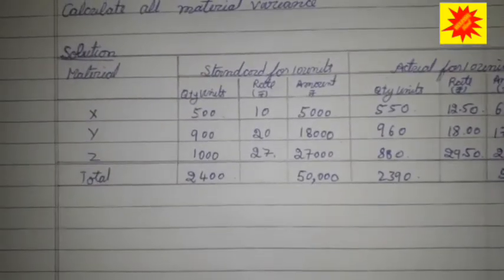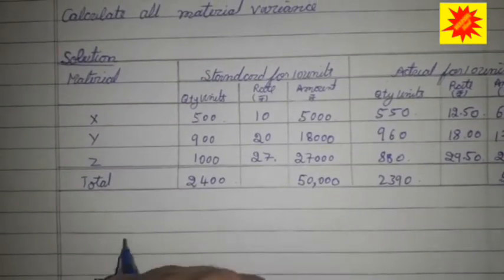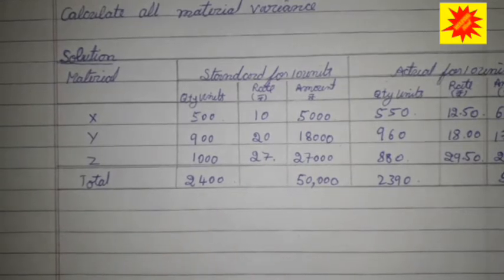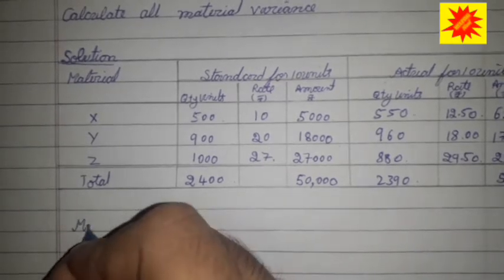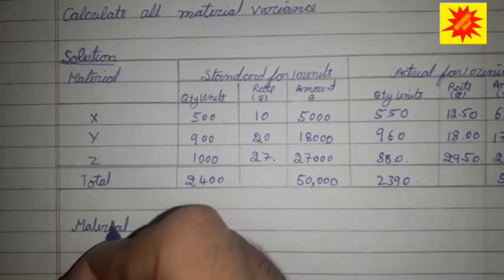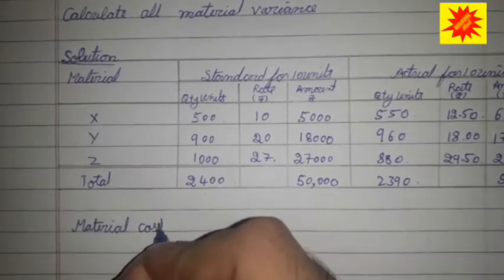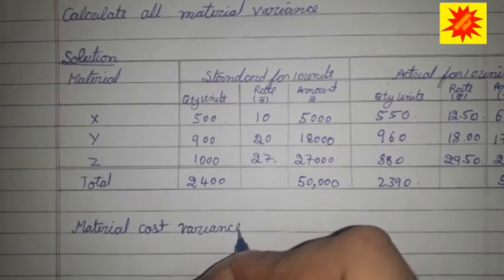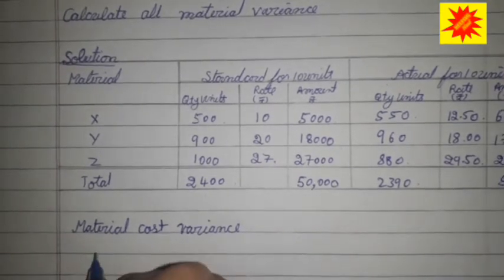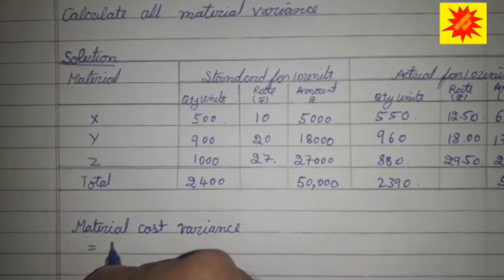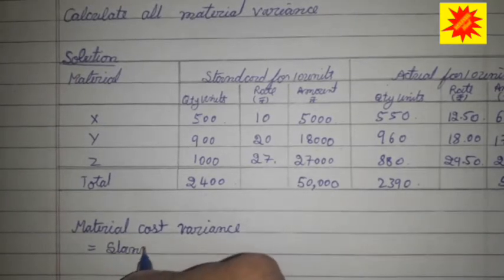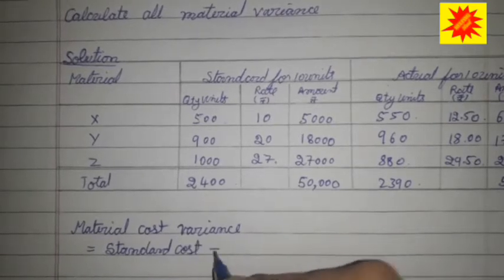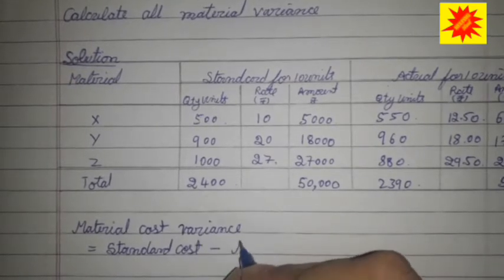Now let us see the formula. The first thing is we need to find the material cost variance, right? Our material cost variance formula is nothing but standard cost minus actual cost.